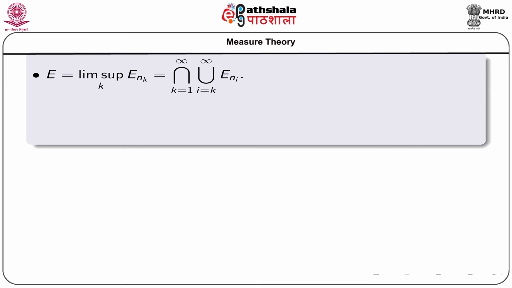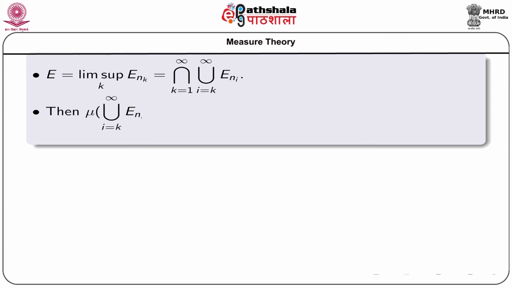We have a sequence of sets E_{n_1}, E_{n_2}, E_{n_3}, and so on, and we are first taking the union of all these sets, then we are taking the union of the sets except the first set, then the union of the sets except the first two sets, and in this way we get again a sequence of sets which is monotonically decreasing, and we are considering the limit set of that monotonically decreasing sequence of sets.